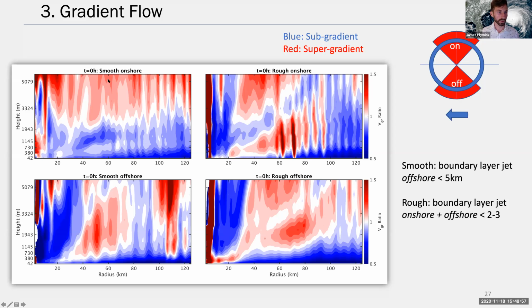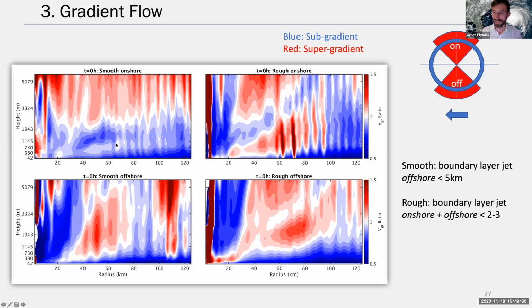These fields are averaged within an onshore quadrant, which is this pizza slice here, and an offshore quadrant representing the offshore flow. So this is 45 to 135 degrees, and then, oh man, quick maths, 275 to 320 here, or something like that.